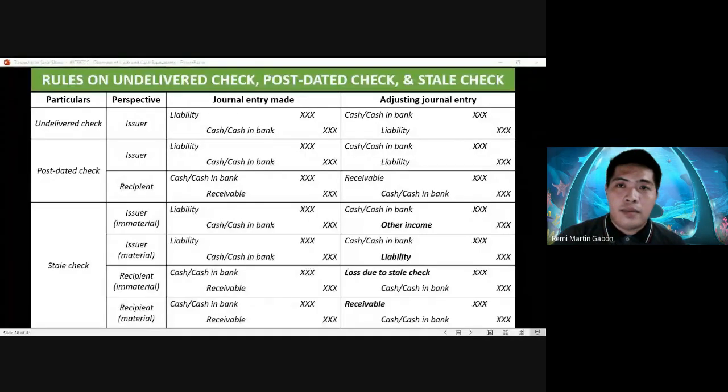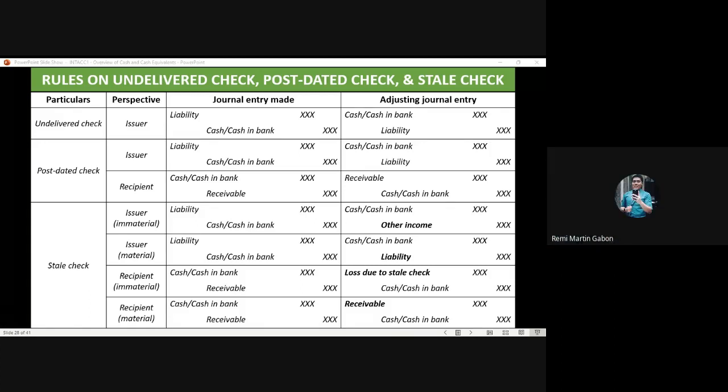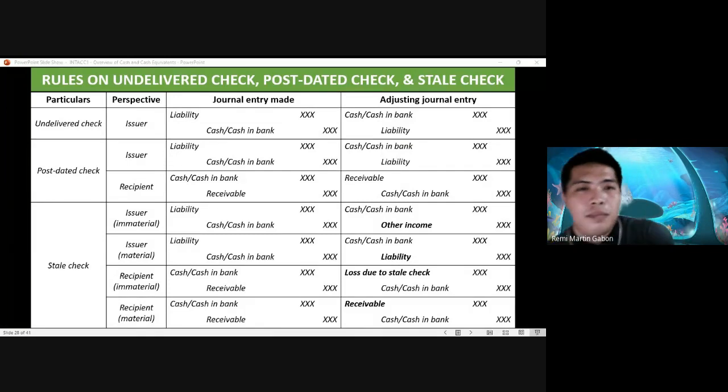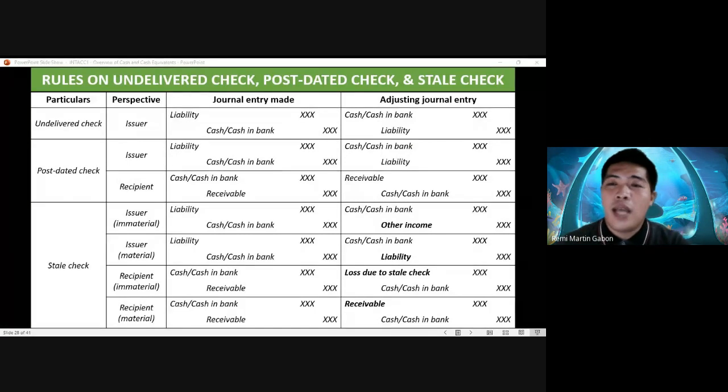I hope you're getting my point. As much as possible, problem solving will provide the assumption on materiality. Pero kung hindi, yun nga, assume material. Okay? Assume material.